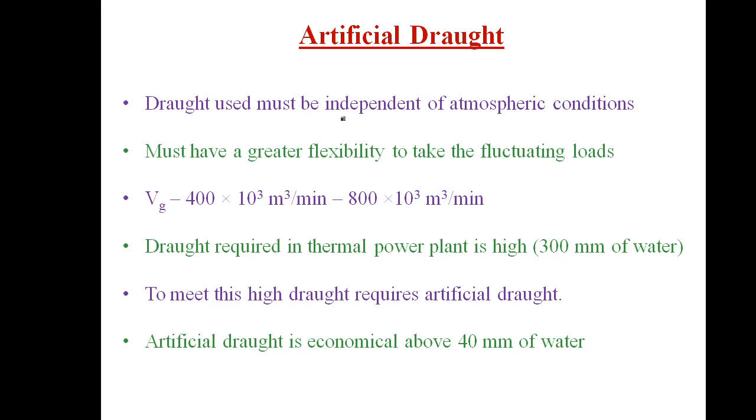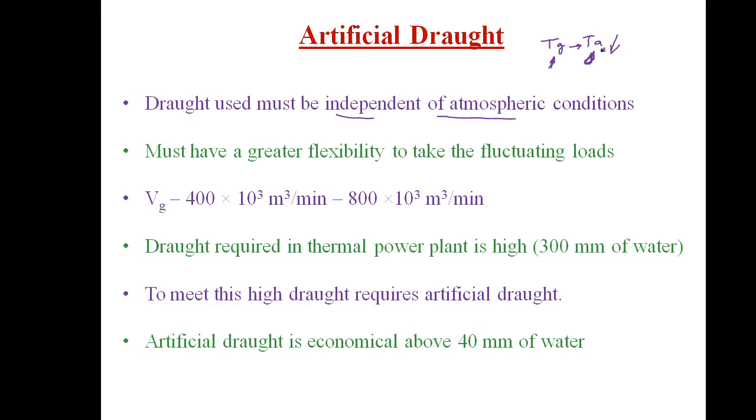Draught used must be independent of atmospheric condition. For natural draught, Tg is the gas temperature and Ta is the ambient air temperature. So the larger the difference between Tg and Ta, the larger the draught. So Tg has to be increased or Ta has to be reduced, and that creates higher draught.